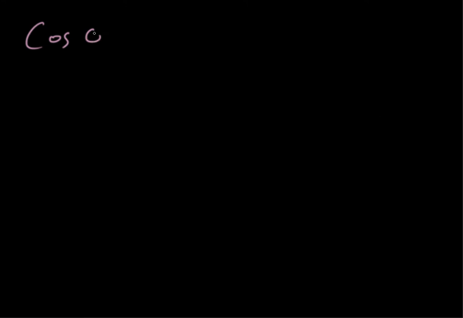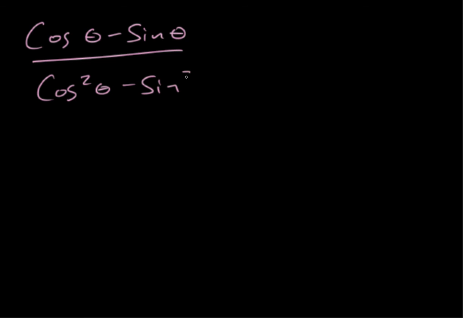We have cosine theta minus sine theta over cosine squared theta minus sine squared theta. Okay, now the bottom we can factor using difference of squares again.